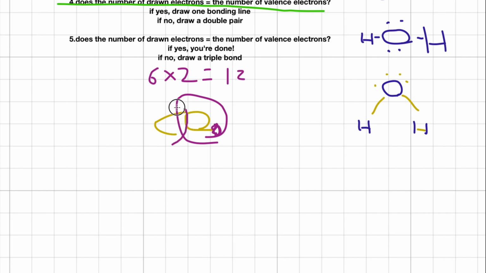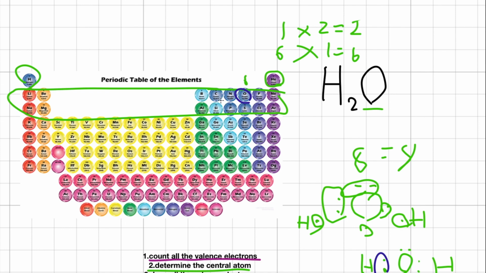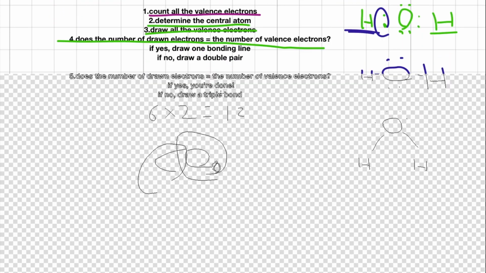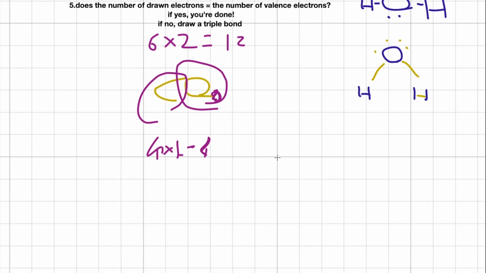And then carbon, we can check our periodic table here, carbon is right here, it has 4, right? So carbon has 4 valence electrons, so 4 times 1 equals 4, obviously, right? 12 plus 4 is 16, so we have 16 valence electrons.